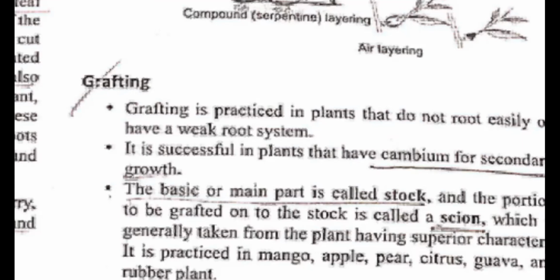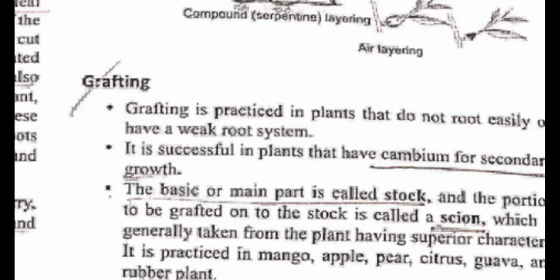This question was also already asked. The basic or main part is called the stock. What is meant by stock? What is meant by scion? Take any potted plant and make a cut of 4 or 5 inches.